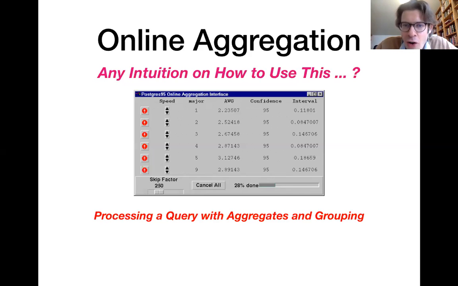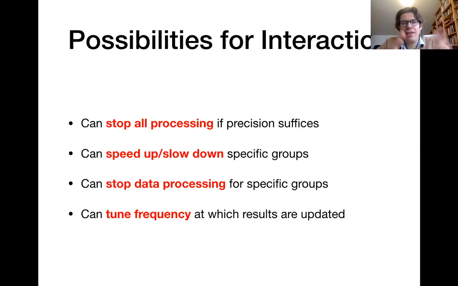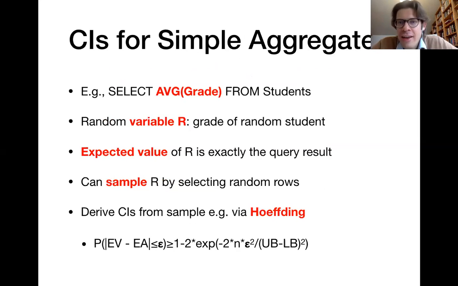So that is online aggregation. Here you find a summary of the different possibilities for interaction, which we have just discussed. And in the following, we're gonna discuss a little bit about how we can achieve that in the background.